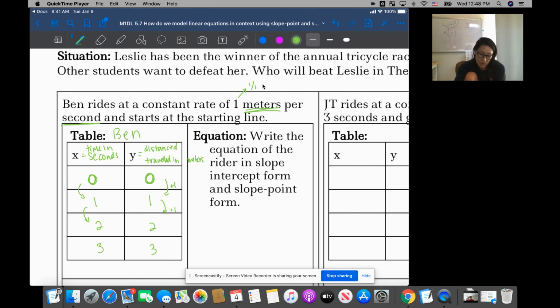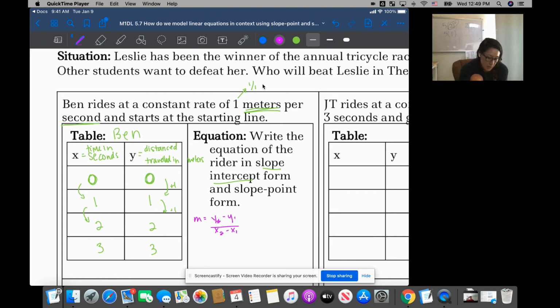So we're going to write the equation of his race in slope-intercept and slope-point form. So in slope-intercept, well, I better find a slope. It looks like he travels, actually, I'm going to find the slope. y2 minus y1 over x2 minus x1. Oh, I said that wrong. x2 minus x1.